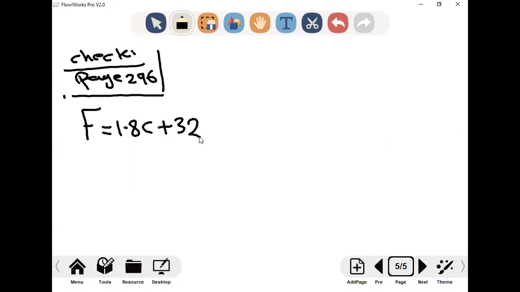Now let's see what the question wants. What is the difference in what? Degrees what? What is the difference? How we find the difference between two values? By doing subtraction, right? What is the difference in degrees Celsius between Earth's average temperature and Mars average temperature?